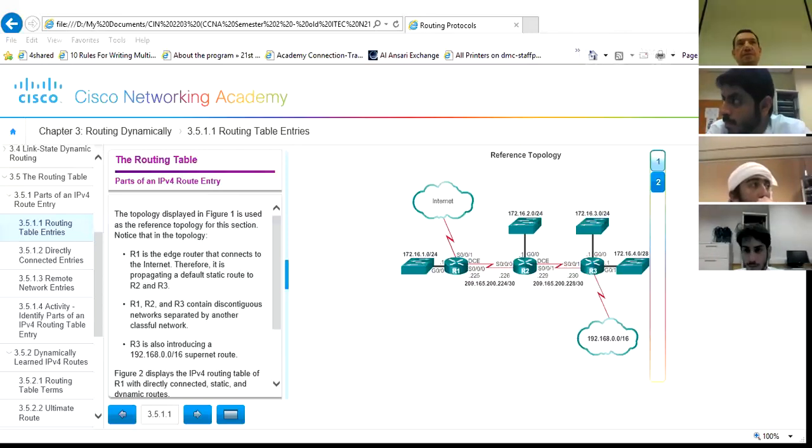So I need to guess. Let me check. This interface, serial 0/0, which network does it belong to? It says, oh, it also belongs to the 172.16 major network, the same major network that you have sent me. My interface where it entered this update has the same major network.